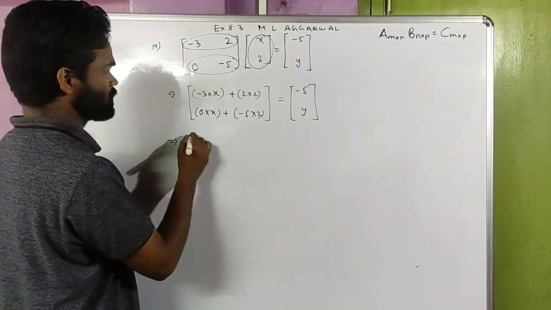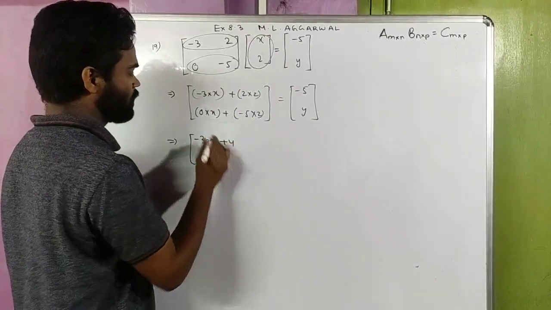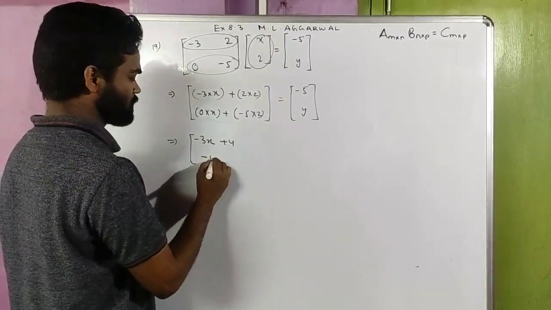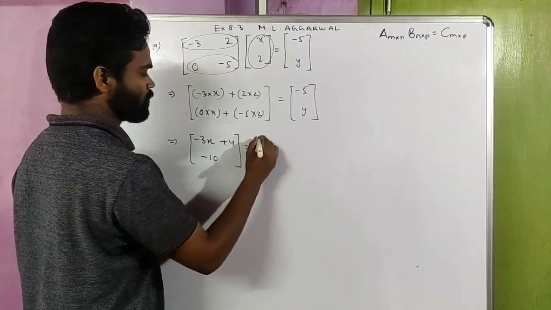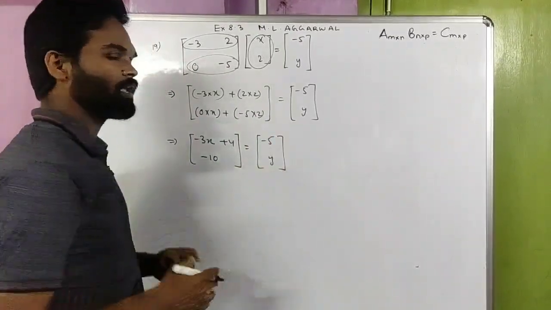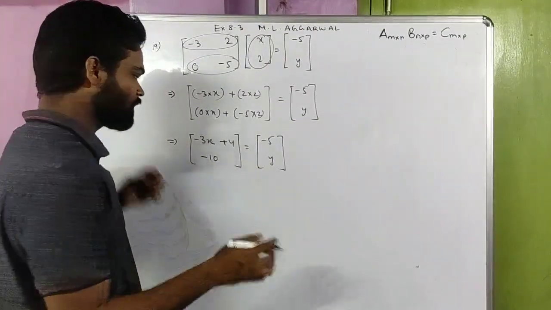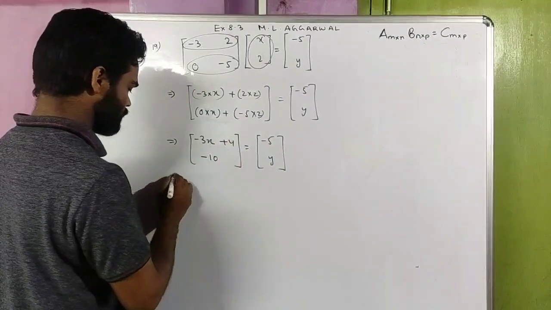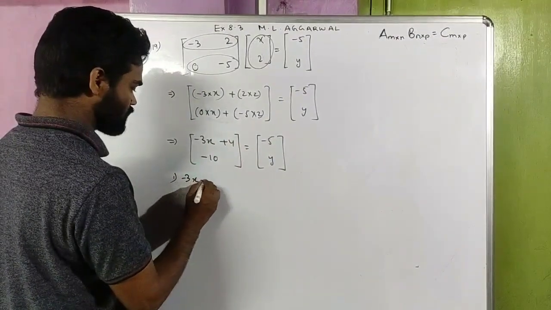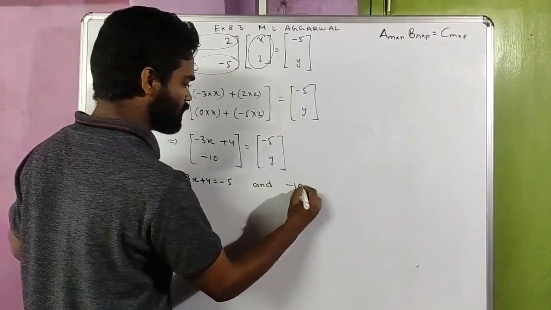Now look over here, this is minus 3x plus 4, and this is 0, and this is minus 10. This is equal to minus 5y. We have already discussed, if two matrices are equal, then the corresponding elements are equal, which means can I say minus 3x plus 4 equals to minus 5 and minus 10 equals to y.